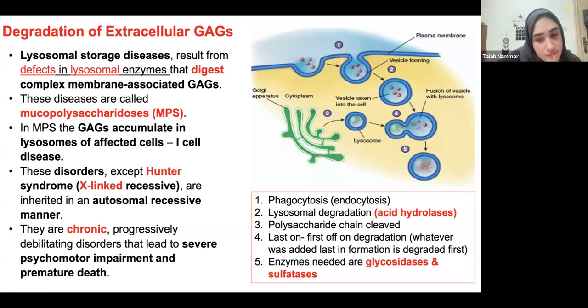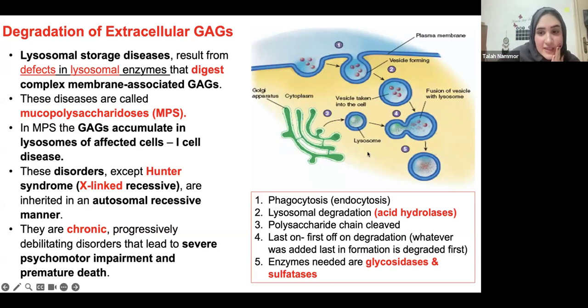Clear? Actually, the glycosidases are there to break down the sugars, and the acid hydrolases are there to break down the glucuronic acid and the iduronic acid. So these are the enzymes that are needed.